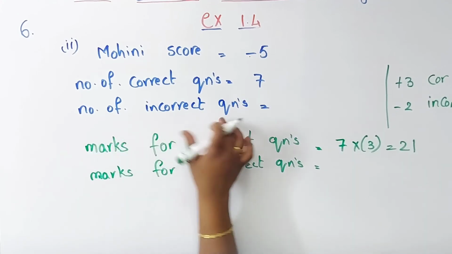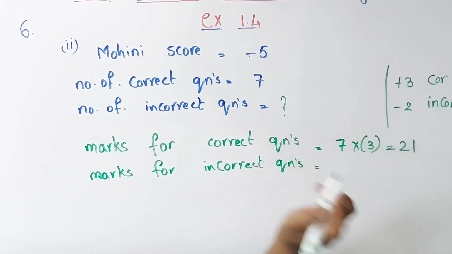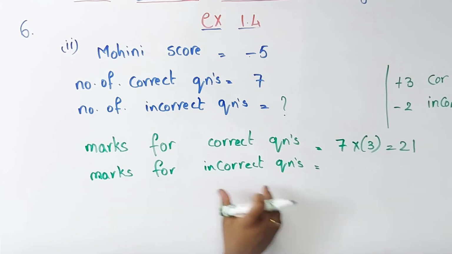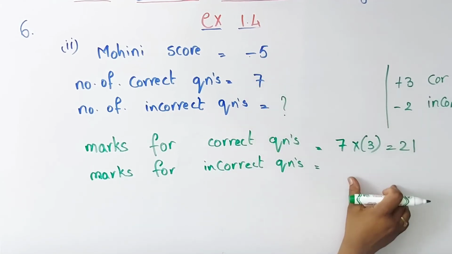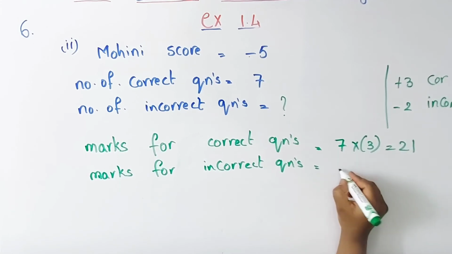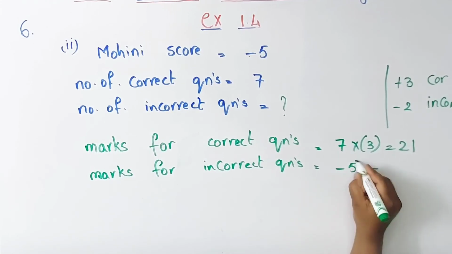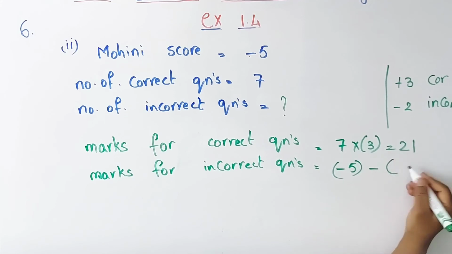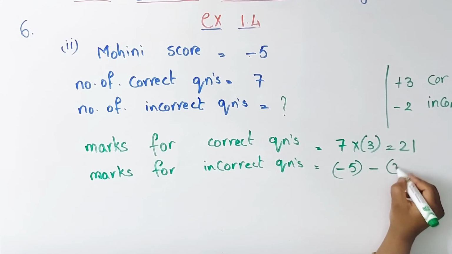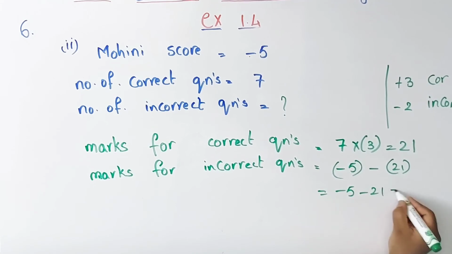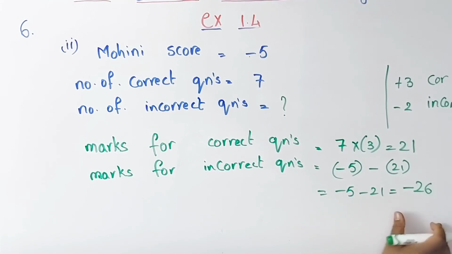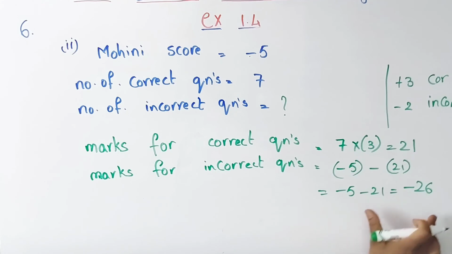Number of incorrect questions they are asking, we don't know. So marks for incorrect questions we can find out. How? Total marks minus correct answers. Total marks is -5, minus correct question marks 21. -5 minus 21 is -26. That is the marks for incorrect questions.